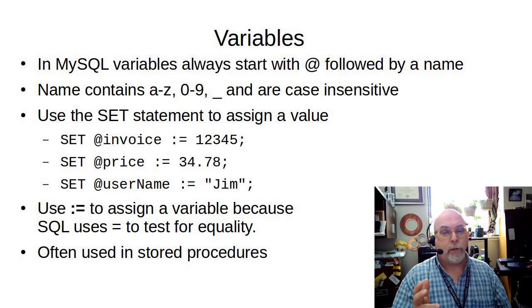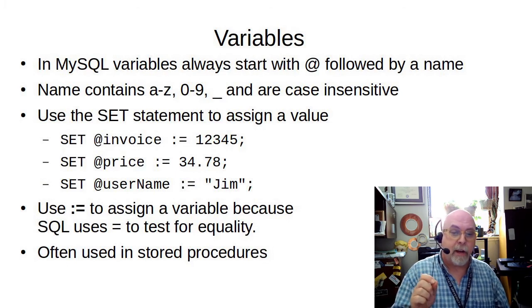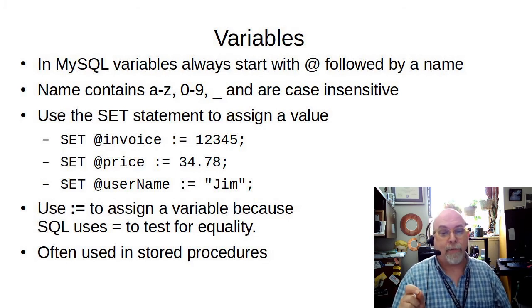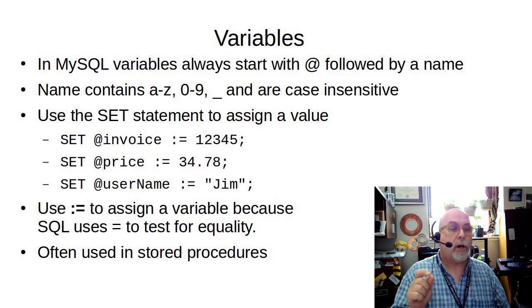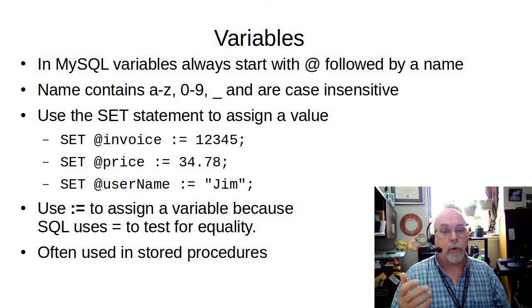That's what we used to use back in an old language called Pascal many years ago, but it was chosen so that we couldn't confuse setting a variable with testing for equality, because a single equal sign is used for testing for equality. So set @invoice := value would create a new variable called @invoice and assign its value.